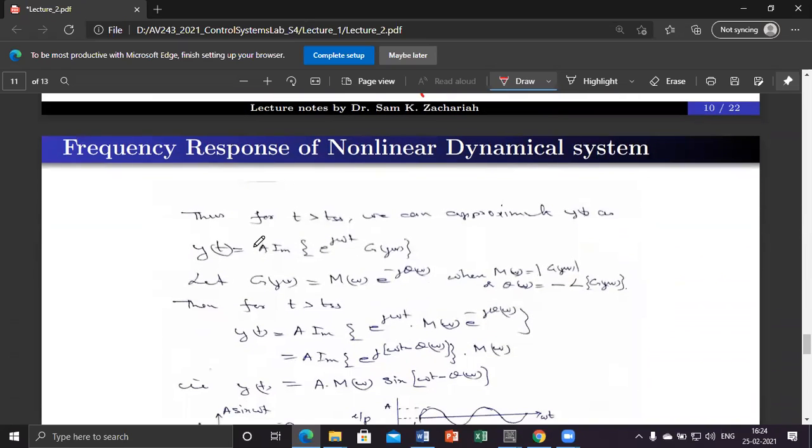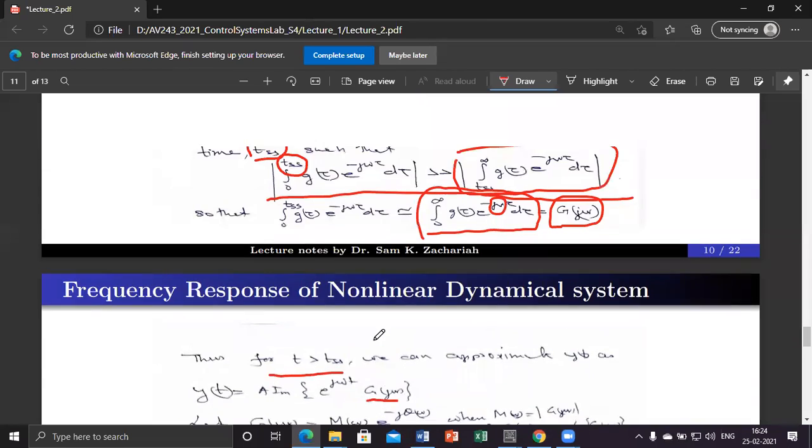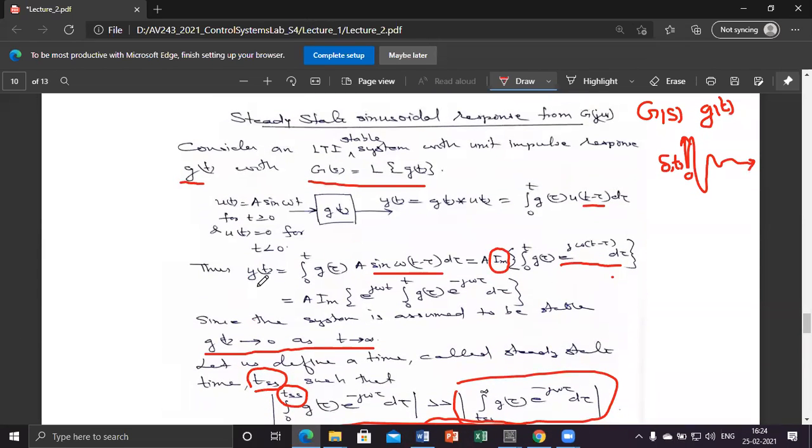Now, for t greater than T_SS, we can approximate y(t) as follows. Now you assume that t is something which is greater than T_SS. y(t) is equal to A imaginary part of e^(j omega t) G(j omega). From where are we getting this? The unapproximated formula is already there. This is the correct formula for y(t).